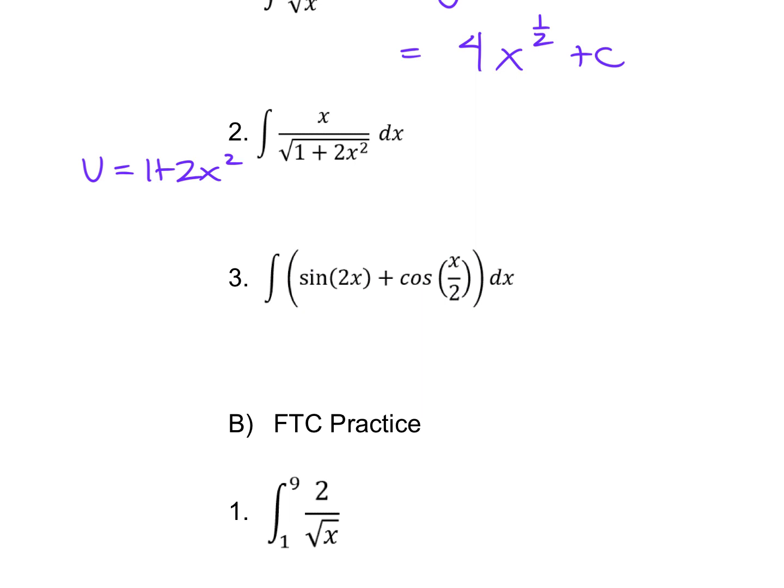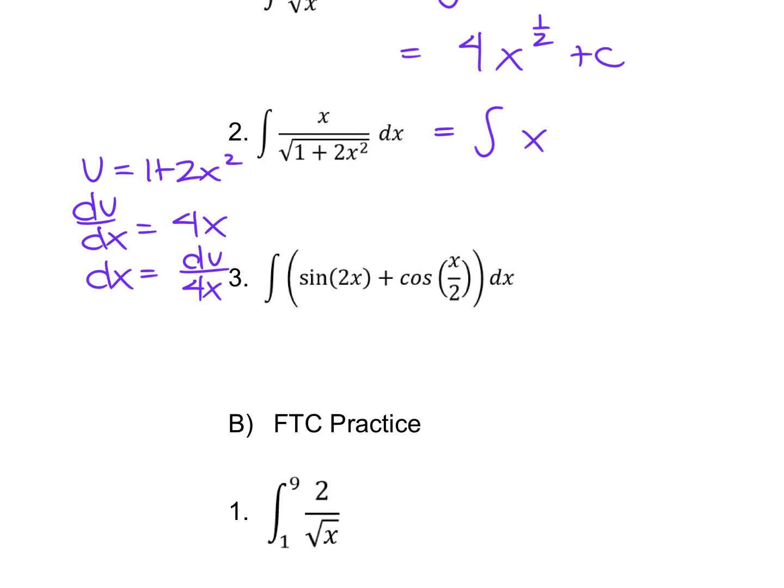So then we said, okay, du dx is equal to, the derivative is what? 4x. Therefore, we solve for dx and say that is equal to du over 4x. So we do our little side work with our u, and then we go back and rewrite and say, okay, now this is the same as the integral of x.